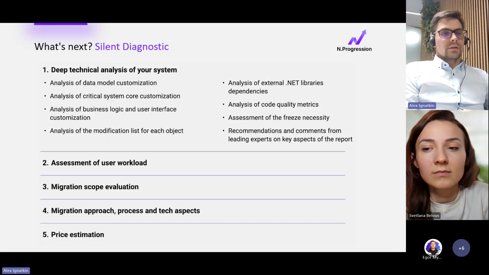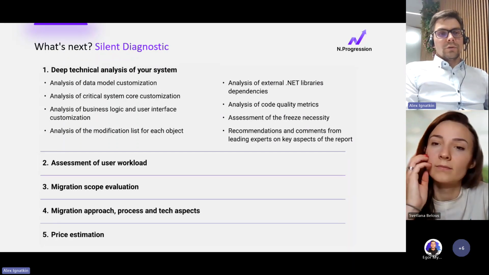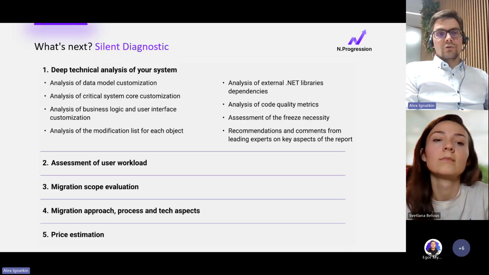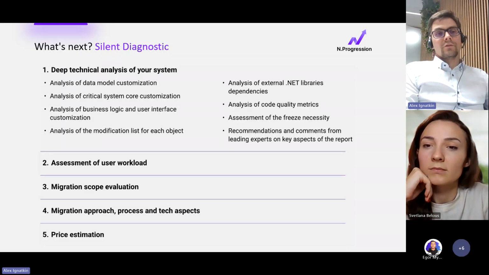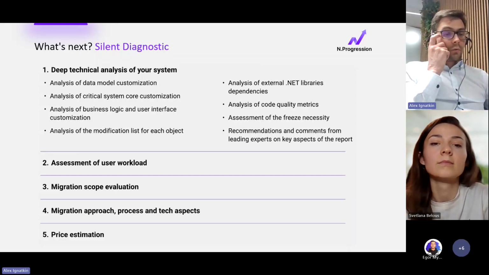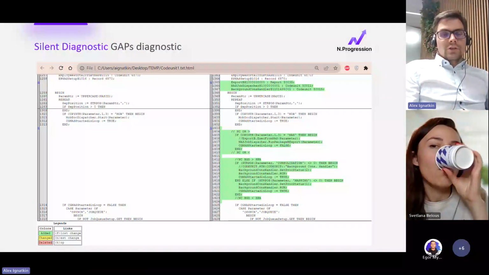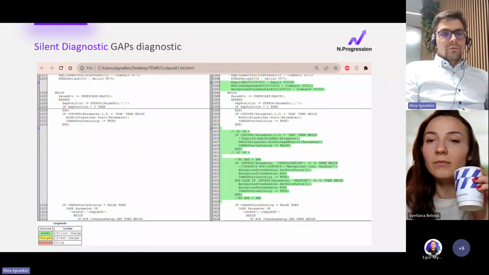The system analyzes customization in the core, some reports which use SQL, some reports which use .NET components, and so forth. And based on this raw data, we prepare a 20-page report, not with just statistic data, but with some conclusions of our senior specialists. And for visualization, it's one of the results with diagnostic.